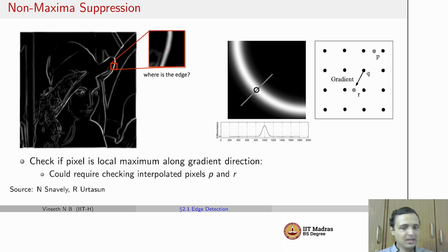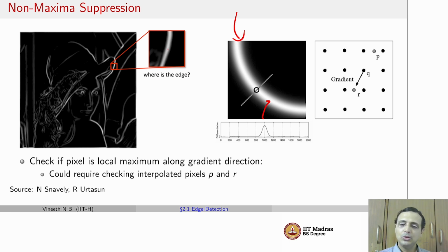How do we do it? Let's assume there was a circular kind of edge in an image, and that's how the edge looked. Clearly, every white pixel would get detected as an edge, as we just saw. All of them could have high responses depending on what neighborhood you use to compute your gradient. So you may end up having many pixels corresponding to the edge, which you do not want. You want it to be isolated.